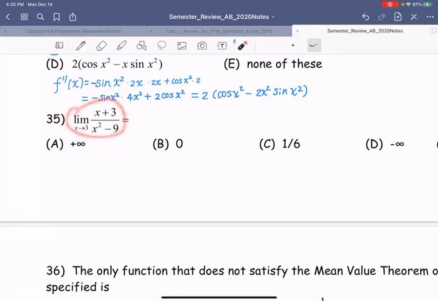Go to this one. Limit as it approaches 3. Doesn't that not exist? There's a hole there, right? Yeah, so you have to do the simplification.